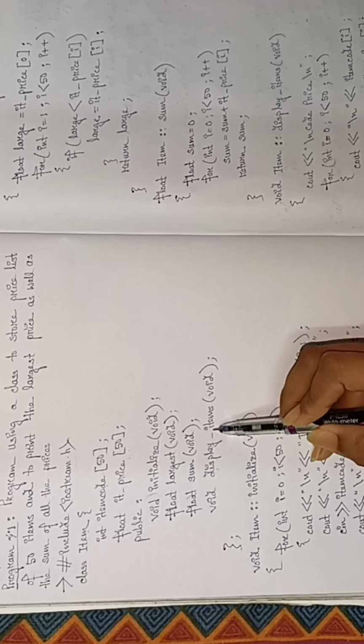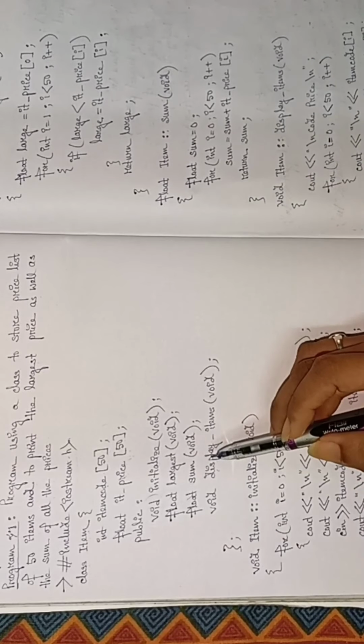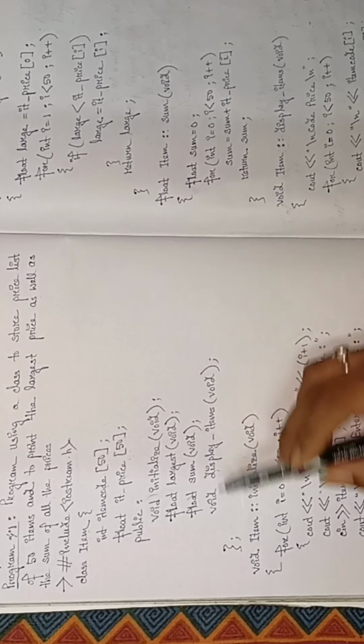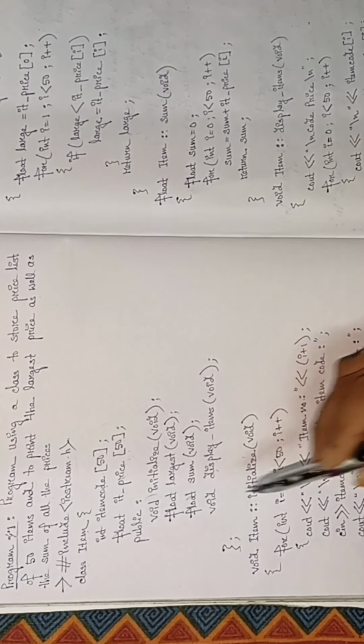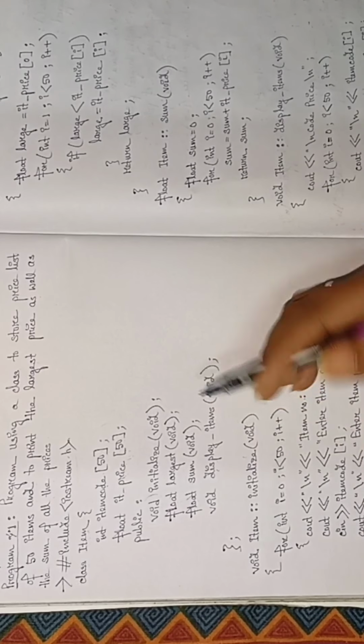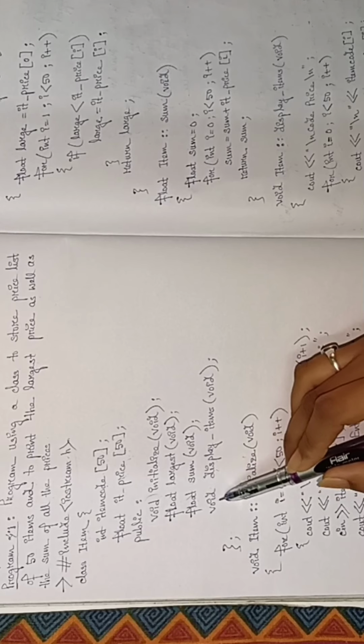Then void display items, this will display all the items along with the code and the price. For displaying the result we don't require any return type, because it will not return anything, it will just print on the screen. So that's why again void.